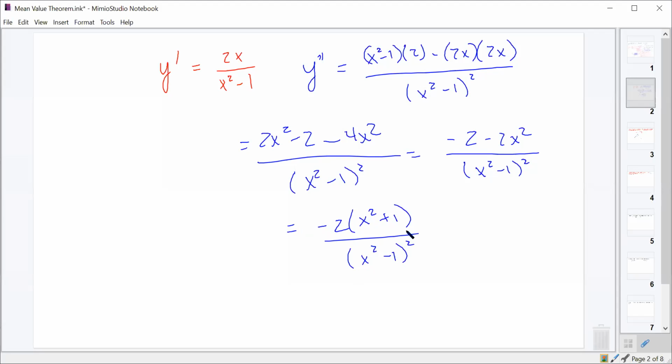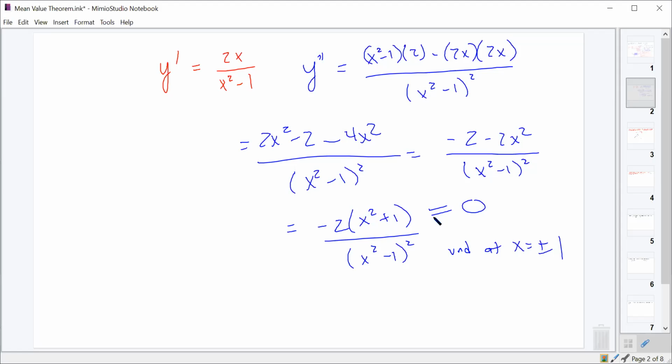So first off, this is undefined where x equals still plus or minus 1 from the denominator. And when does this equal 0? If the numerator is 0, right? Well, negative 2 is never 0. So in order for the numerator to be 0, x squared plus 1 would have to be 0. And when does x squared plus 1 equal 0?